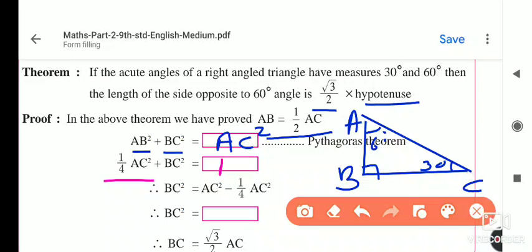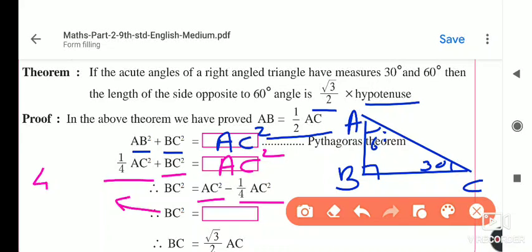Now here BC square, and here it is also AC square. Now BC square we have to keep here only, and the AC square on this side of our equation. This 1/4 AC square we have to take here for the subtraction. Understand? For what purpose did we take it here? Subtraction. Once it came here for subtraction, 4 into AC square, what will come? 4 AC square.